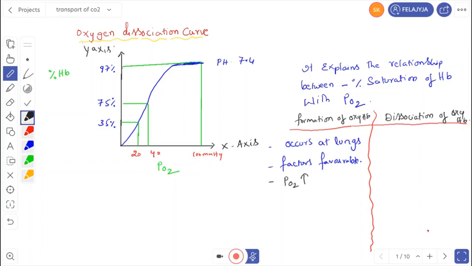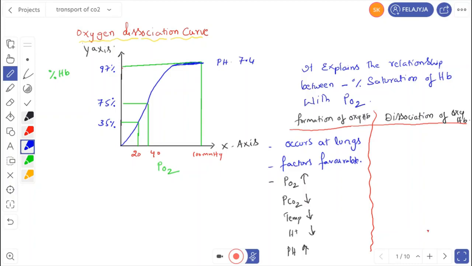PO2 should be more, PCO2 should be less, temperature should be less, then H plus ion should be less, then pH will be more. So these are the conditions. If these conditions are there, then oxyhemoglobin formation occurs.